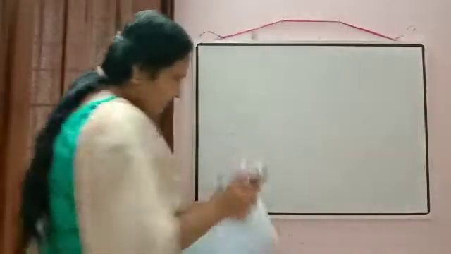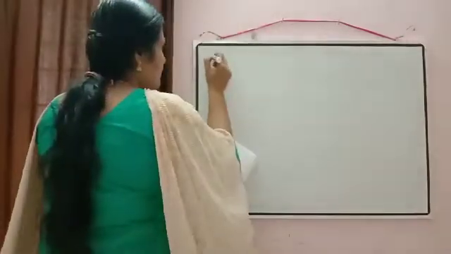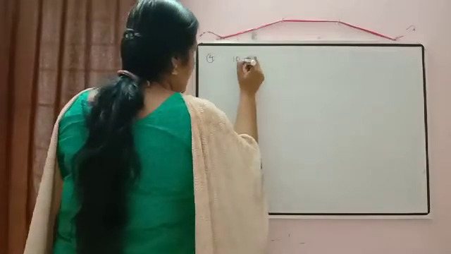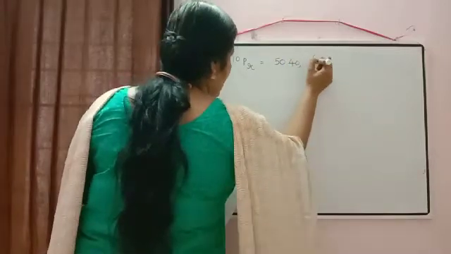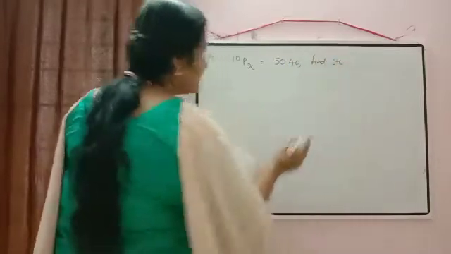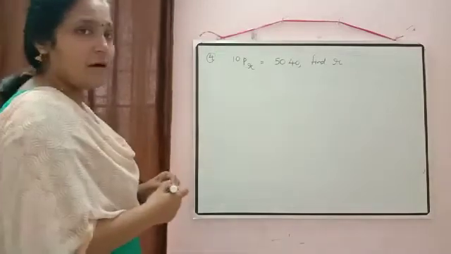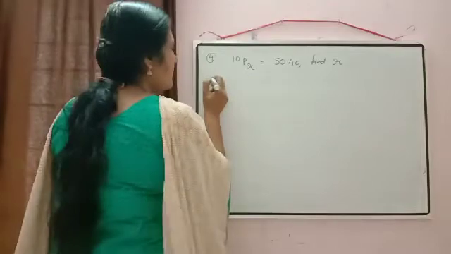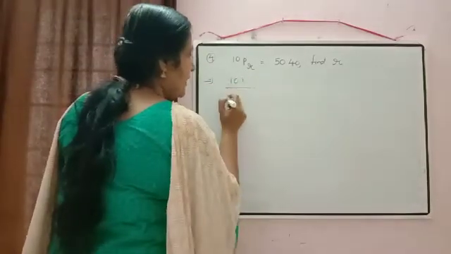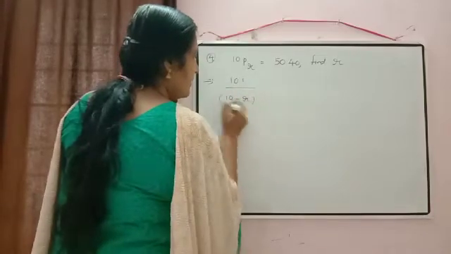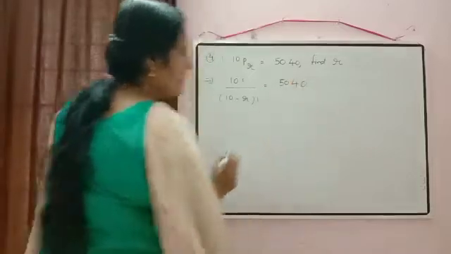Question number 4 is, if 10Pr is equal to 5040, find r. 10Pr is equal to 5040 is given. You have to find out the value of r. So again we will use the formula. 10Pr can be written as 10 factorial by 10 minus r factorial is equal to 5040.